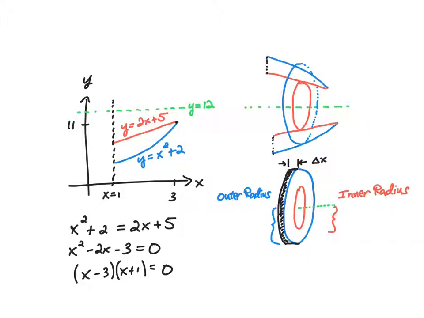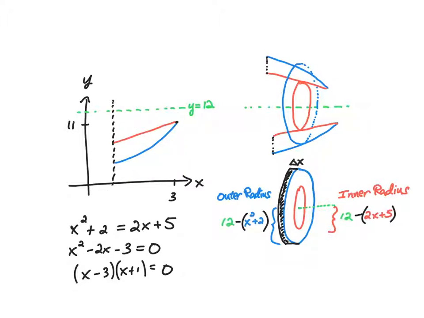Okay, so let's focus on the inner and outer radius. So the inner radius, since this is just like area between curves, you have a top and then you have a bottom. The top here is the parabola, and the bottom here is the line 2x plus 5.